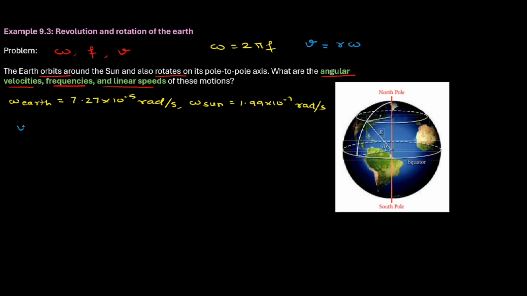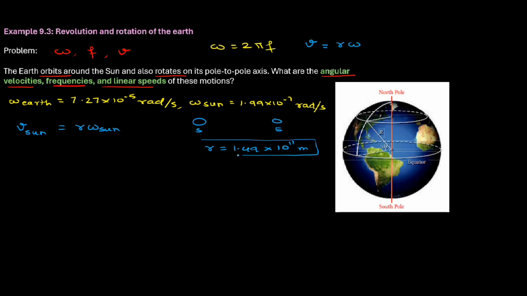So the linear speed v with which the Earth revolves around the Sun can be given as the product of orbital radius r times the angular speed omega. The orbital radius is the distance between the Sun and the Earth. And this distance between the Sun and the Earth is 1.49 times 10 to the power 11 meter.